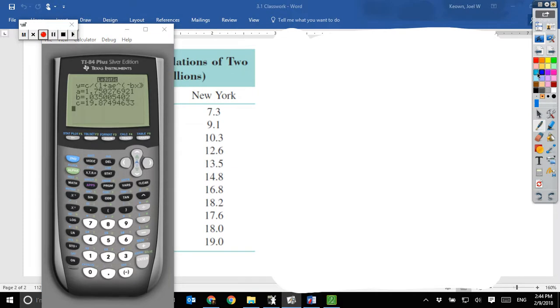Okay, so the general form is y equals c over 1 plus a e to the negative bx.